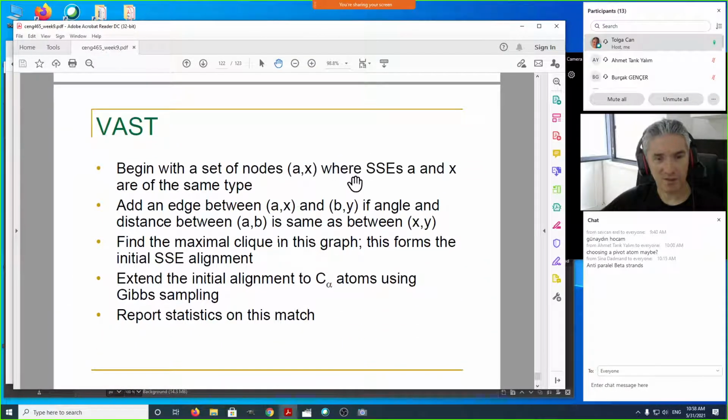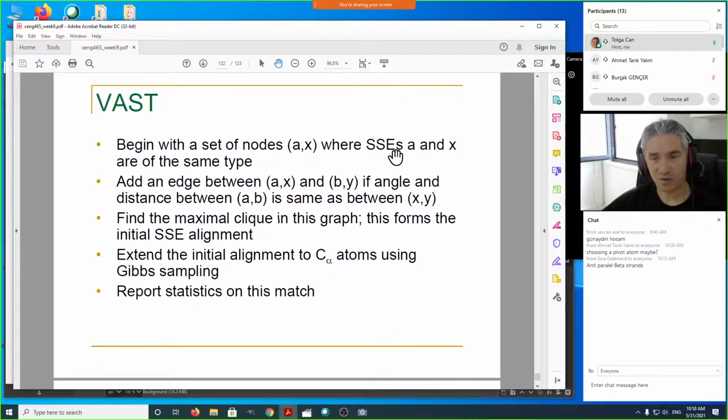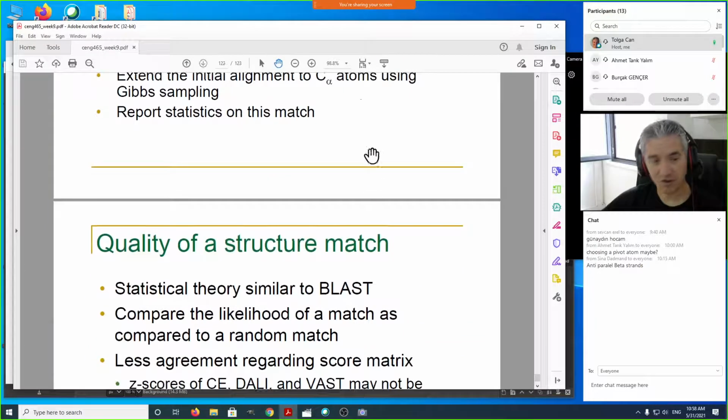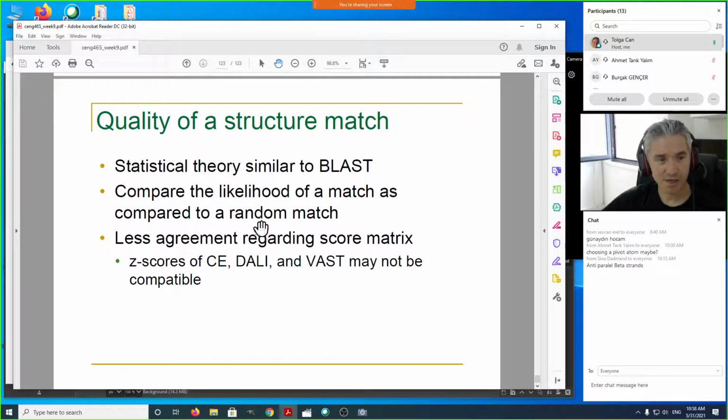So yeah, and there's also another algorithm, VAST, which is also similar alignment of secondary structure elements. Here, the quality of a structure match, as I said, we have to look at RMSD and length, but we may also compute a statistical significance similar to BLAST's E-value.